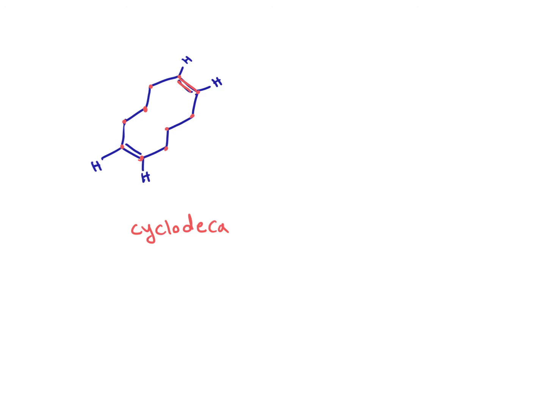But we have 2 double bonds, so we say decadiene. Remember that this is 2, right? And we don't have any branches, but we want to say which carbons are attached to double bonds, right?